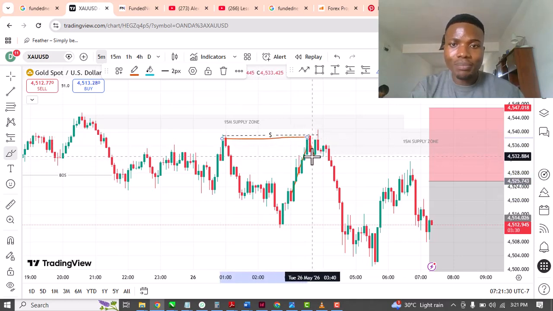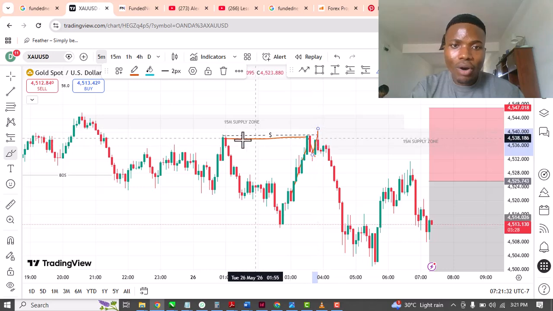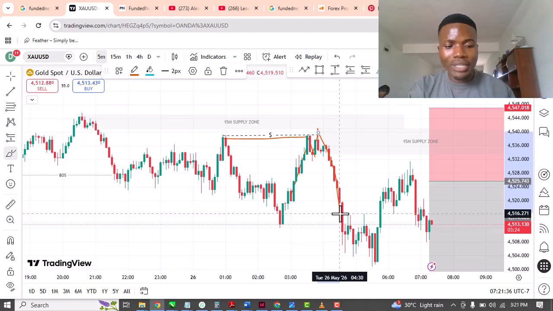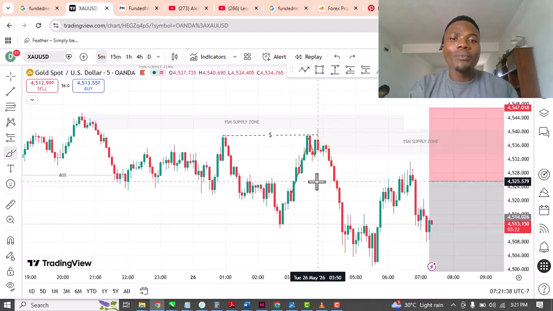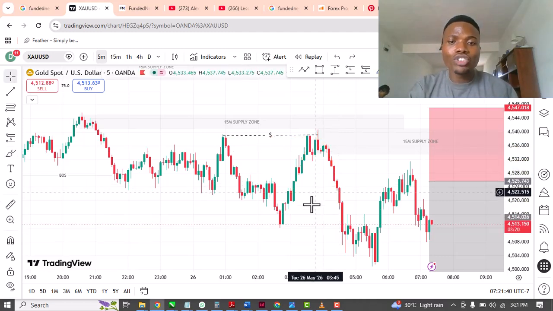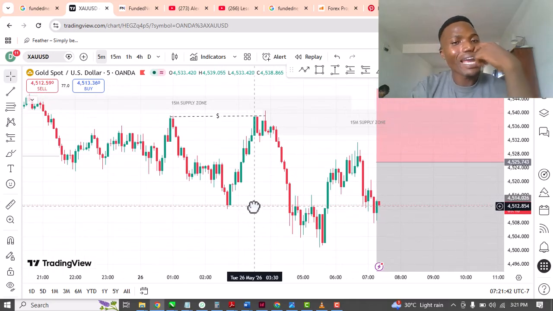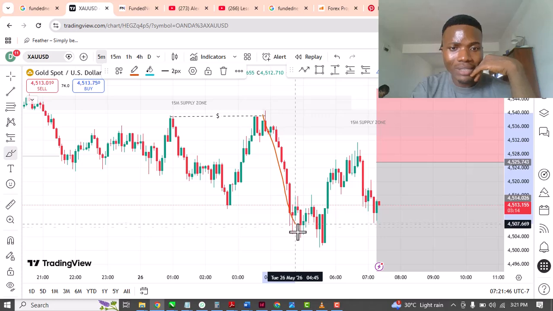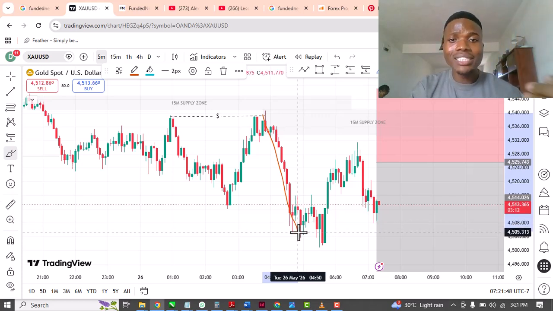Then price simply swept all the liquidity above here and came all the way down. When I saw this movement, I was shocked. Price moved aggressively to the downside. I was like, man, this is liquidity in play.